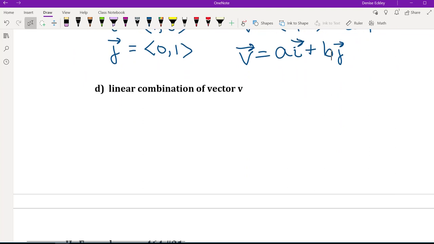Okay, now we have linear combinations of vectors, and all that is really just taking your ai plus bj. So you can add vectors in that way. So it's another way to write the unit vectors.